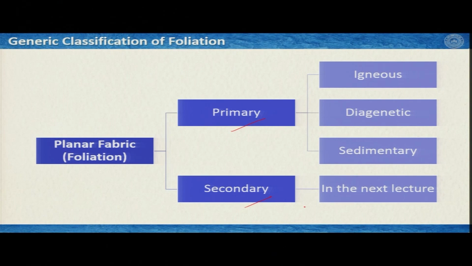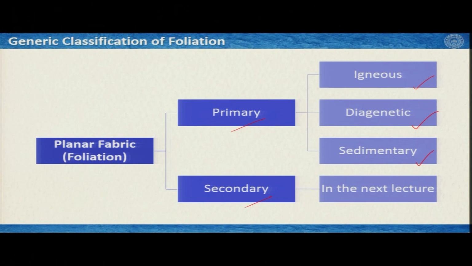We will define them very soon. Within the primary foliation, we have igneous activity related foliation, diagenetic foliation and sedimentary foliation. Secondary foliations are classified in many different ways, and this we will learn in the next lecture.